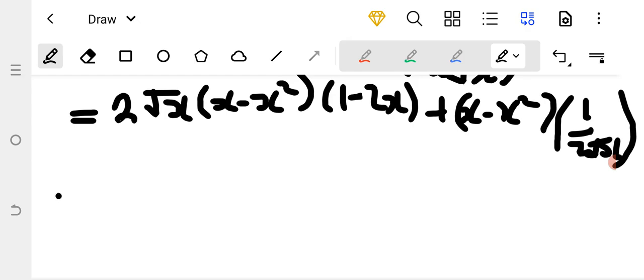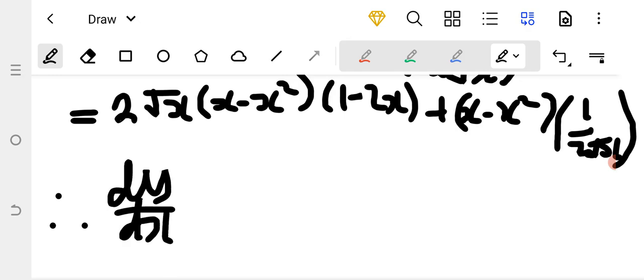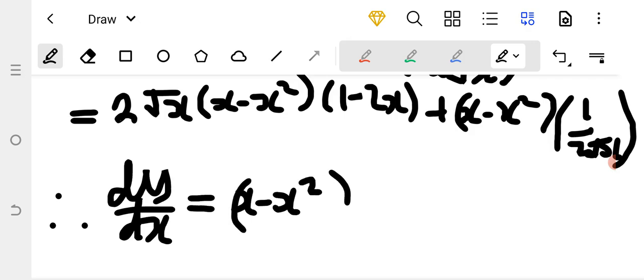Then we'll say therefore dy dx is equal to what? Sorry, let's factor out what's common. So dy dx would be equal to x minus x squared in a bracket. Then what we remain with is what? 2 root x.